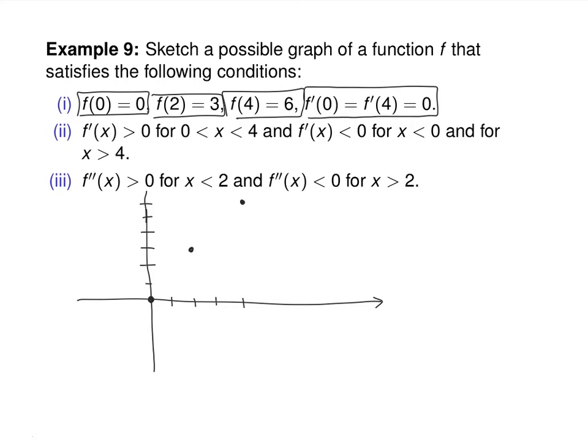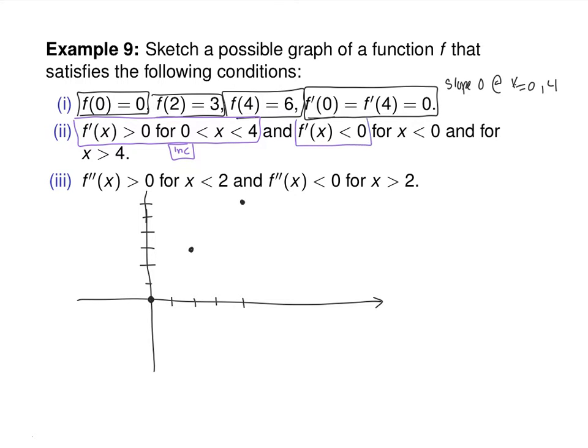Okay. What does this derivative business mean? The slope is 0 at x equals 0. Exactly. Slope is 0 at x equals 0 and 4. What does this second part mean? What's f doing from 0 to 4? Increasing, does that make sense?